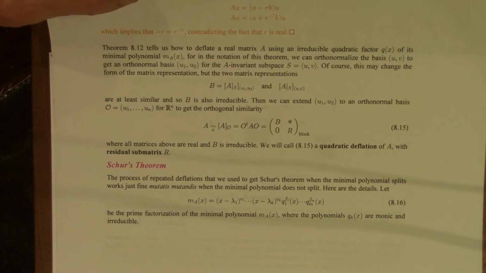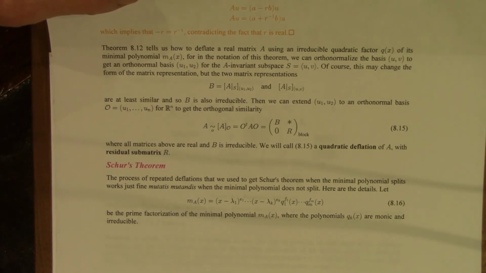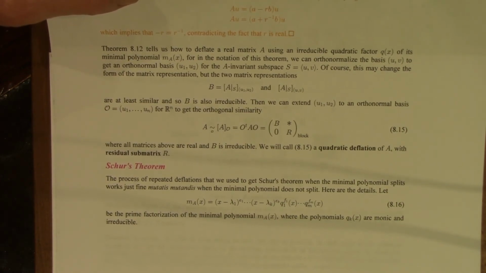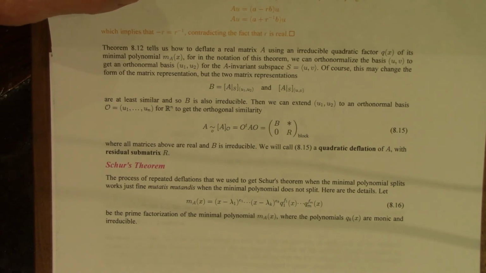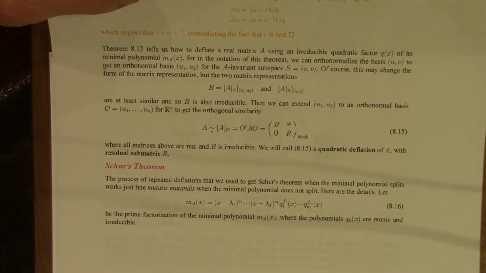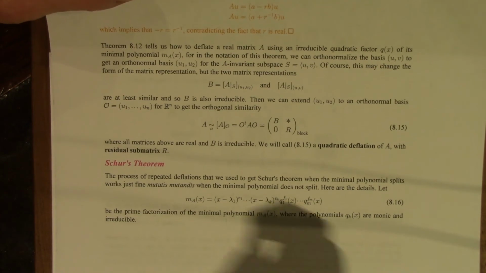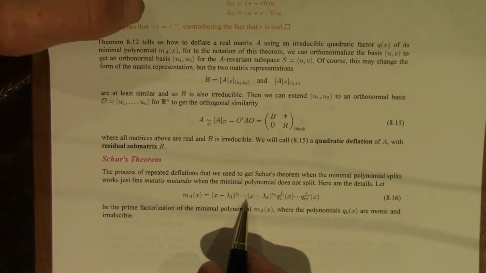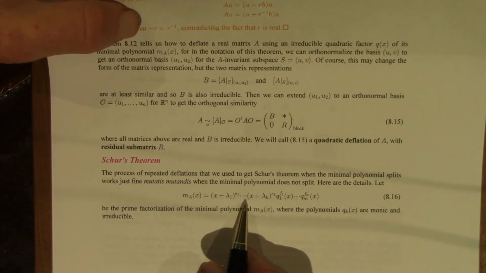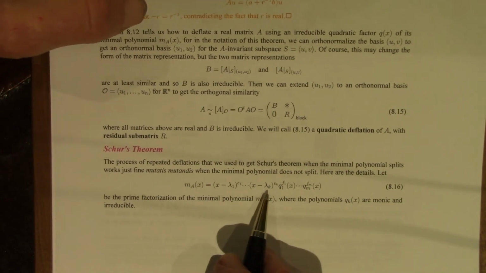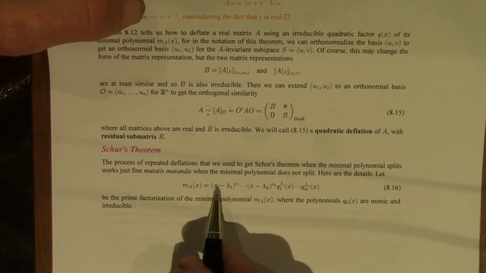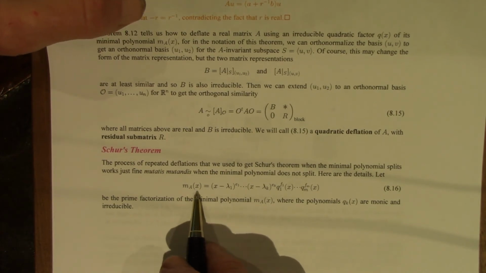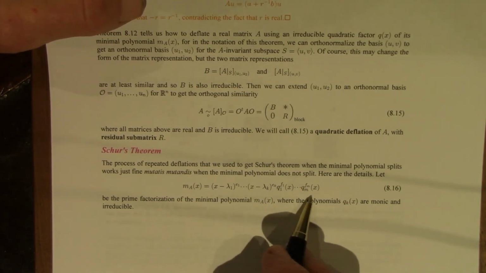Now we can repeatedly deflate using the minimal polynomial to arrive at Schur's Theorem. And since we always strive to be as neat and tidy as possible, we'll do it the following way. Factor the minimal polynomial into primes.